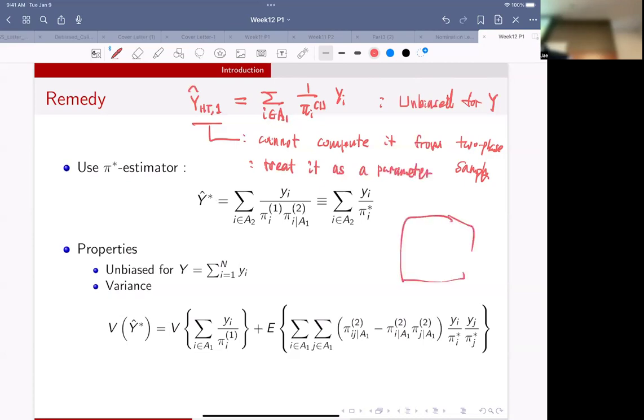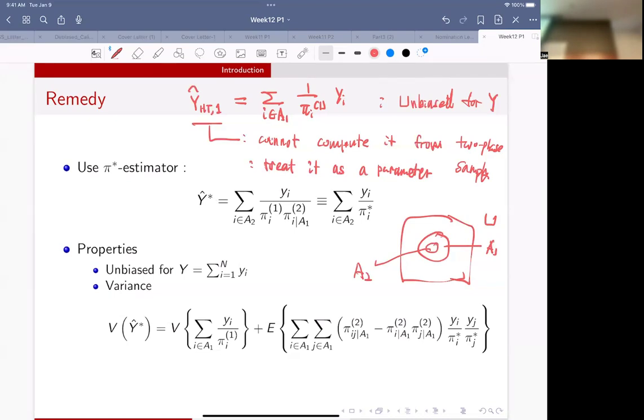So it's like this. Here's U, here's A1, right? So what I'm going to do is treat A1 as a population, and then I have a sampling from it. And from A2, I observe Y. So I know the selection probability, right?